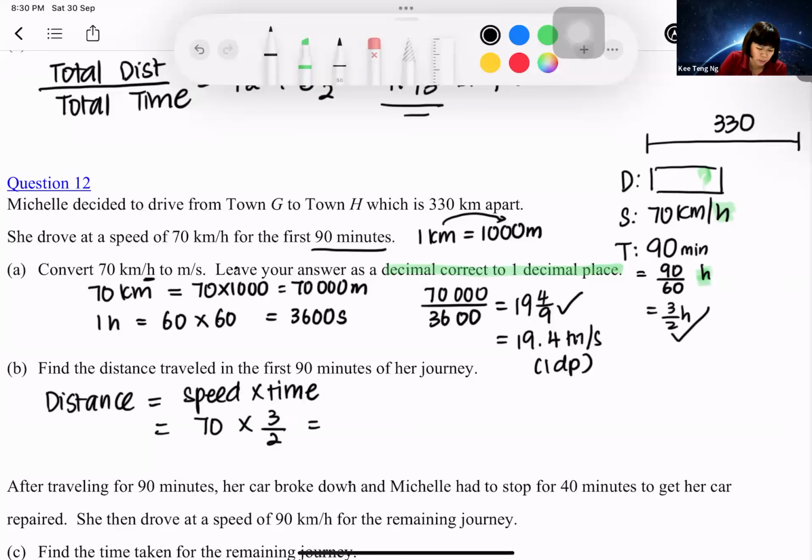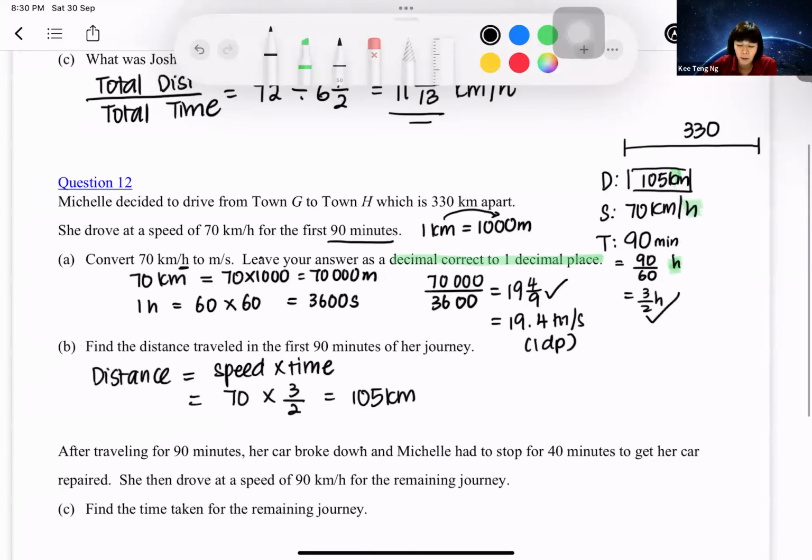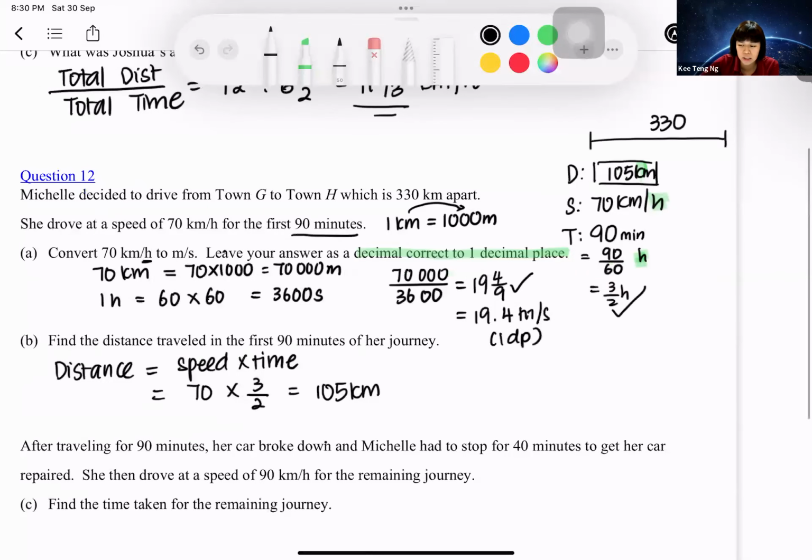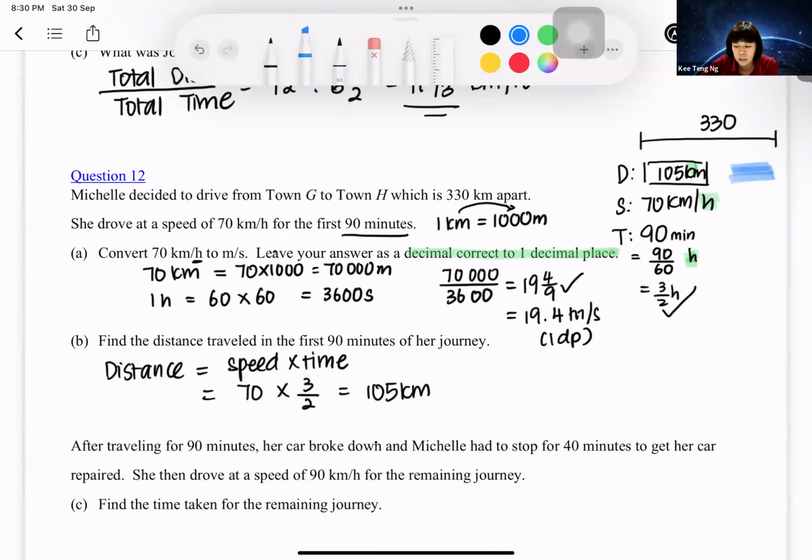So 70 times 3/2 gives me 105 kilometers. Aha, what does that tell me about my second part of the journey? The second part of the journey, the distance will be 330 minus 105.